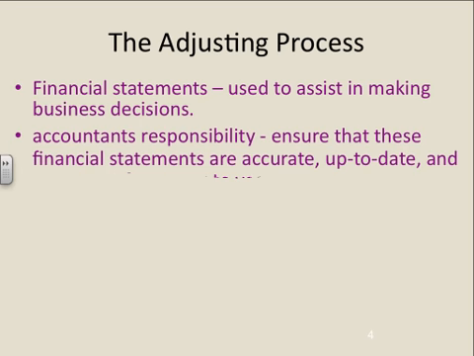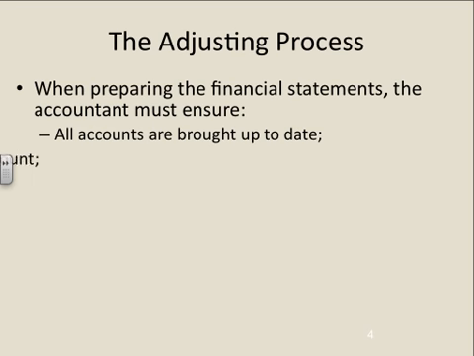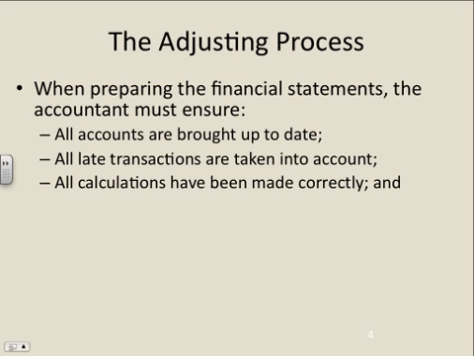Therefore, they're not accurate. When preparing the financial statements, the accountant must ensure all accounts are brought up to date, all late transactions are taken into account, all calculations have been made correctly, and finally all GAAP and IFRS have been complied with.